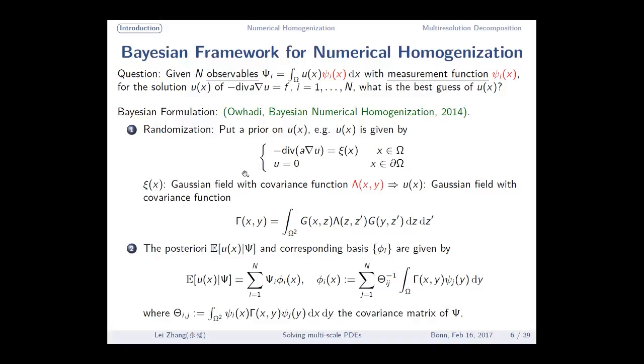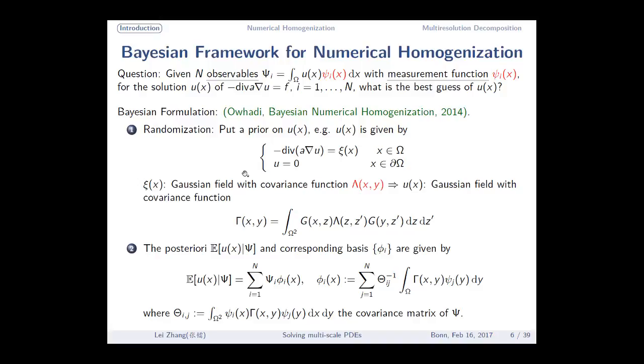Because this is linear, and the right-hand side is a Gaussian field, U is also a Gaussian field, and we can calculate the covariance function. G is the Green's function of the elliptic operator. Because we know these observables, the good approximation basis can be obtained by conditioning.